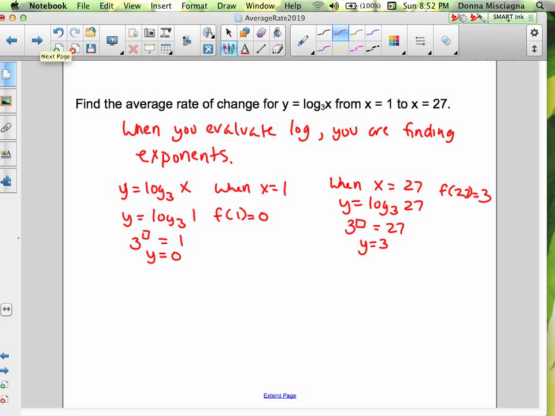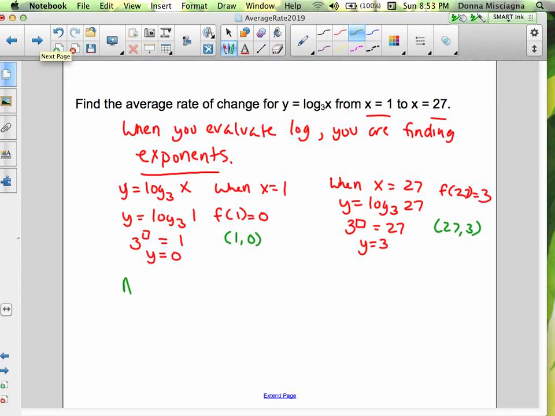So these are the results, 1 and 27. And when we evaluate log, we're finding the exponent. Now that we have the 2 points, this one here is the same as 1, 0. We plug in 1, we get 0. This one here is 27, 3. We plug in 27, we get 3.